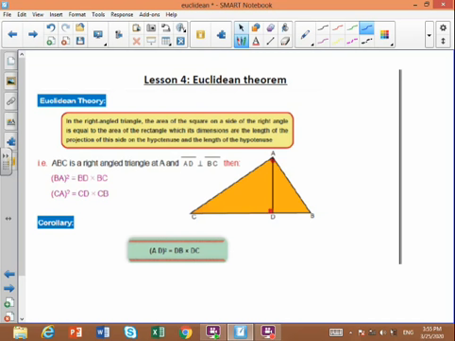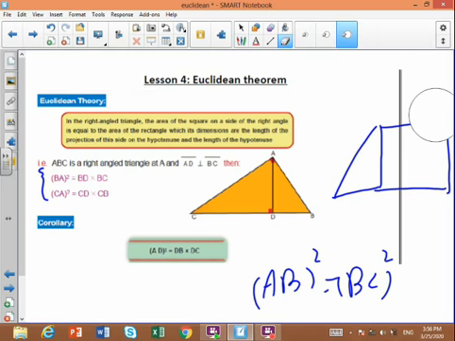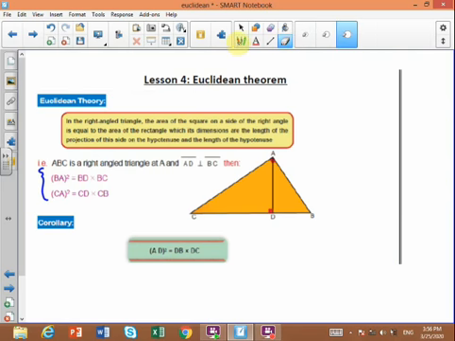The rules of Euclid are very easy, like Pythagoras, but I want you to understand where this rule comes from. Like in Pythagoras, I say AB square equals BC square minus or plus the other side, but as I have explained, it is coming from the area of the square drawn. Okay, I want now to know what is the idea of Euclid.